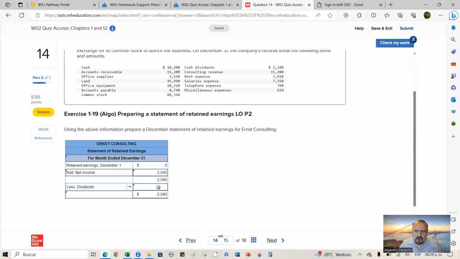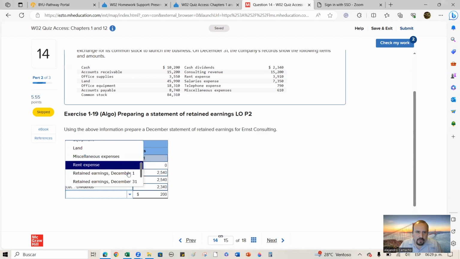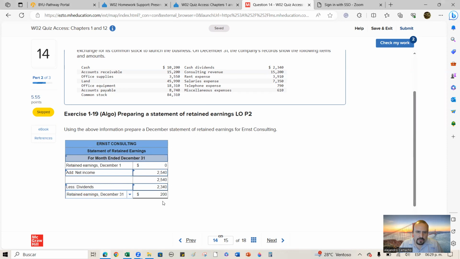So we have to subtract dividends. I will put the corresponding amount for my example. And so the retained earnings at the end of the period, December 31, is, in my case, this amount. And this information is going to be useful for the next one.